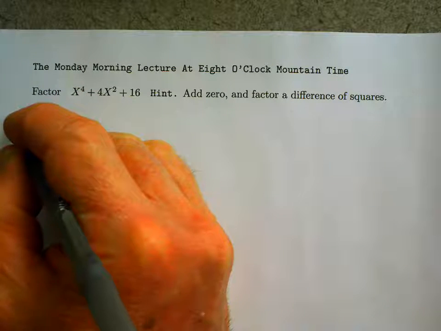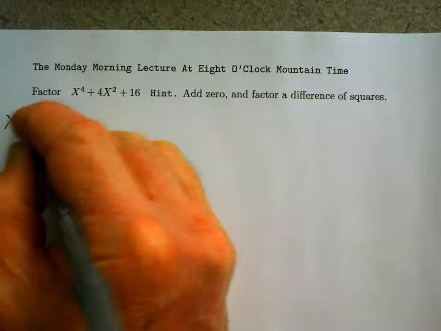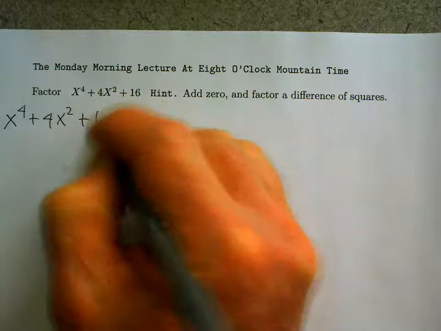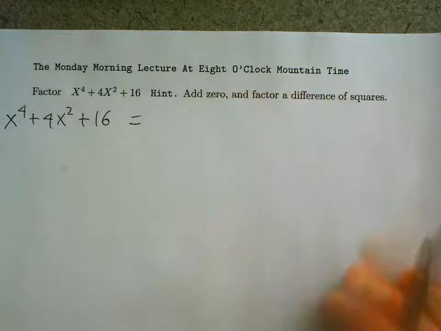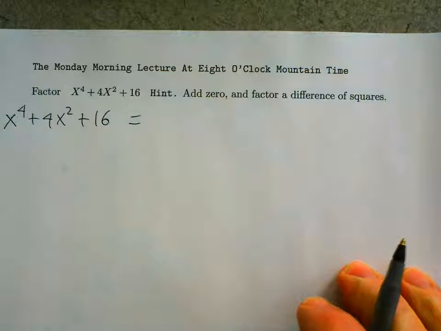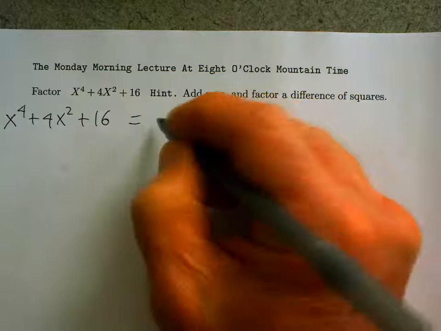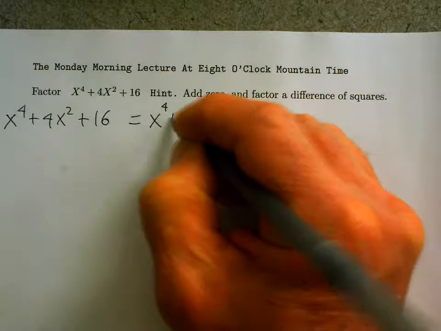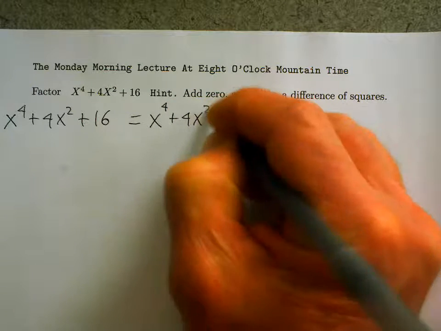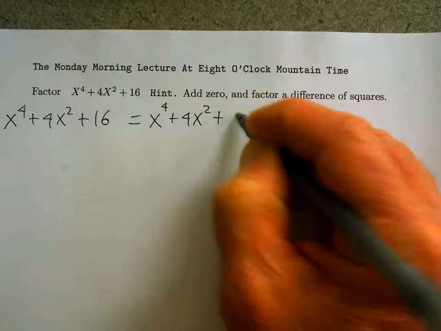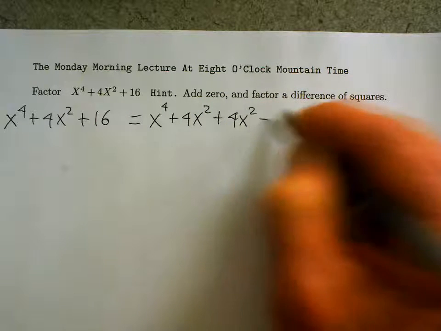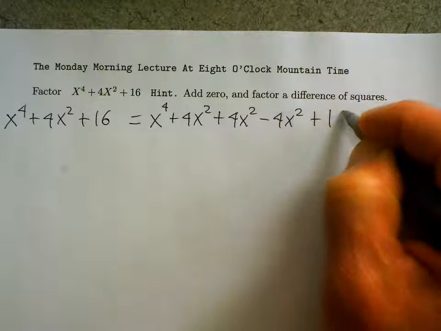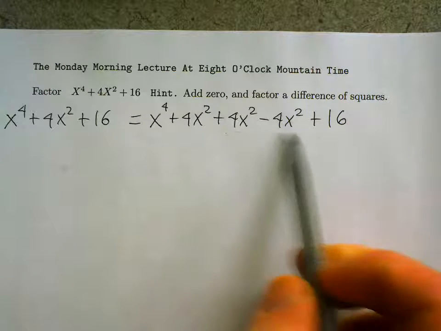I'll start with the original x⁴ + 4x² + 16. And then I'm going to add 0. So the form that 0 takes this time is plus 4x² minus 4x². So we're just adding 0.